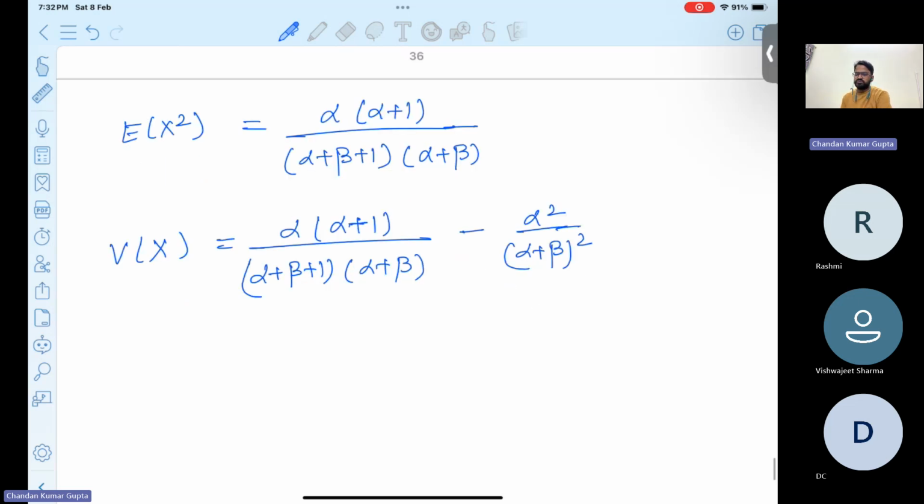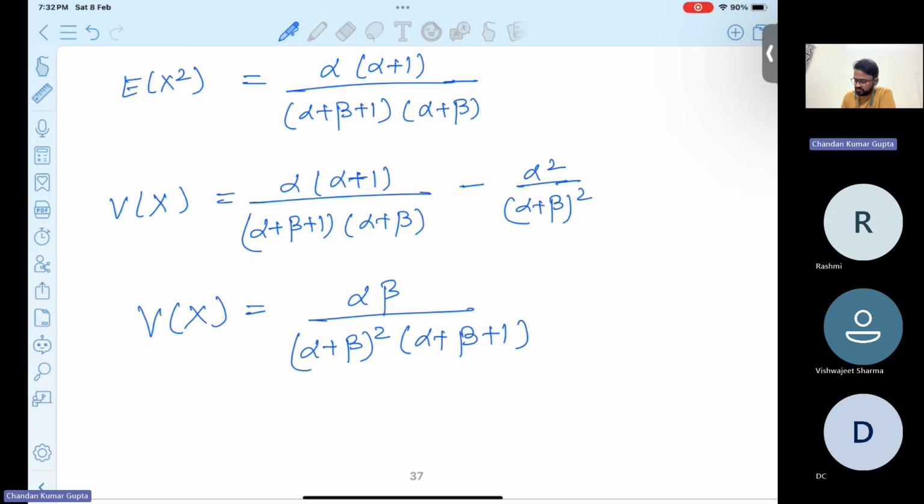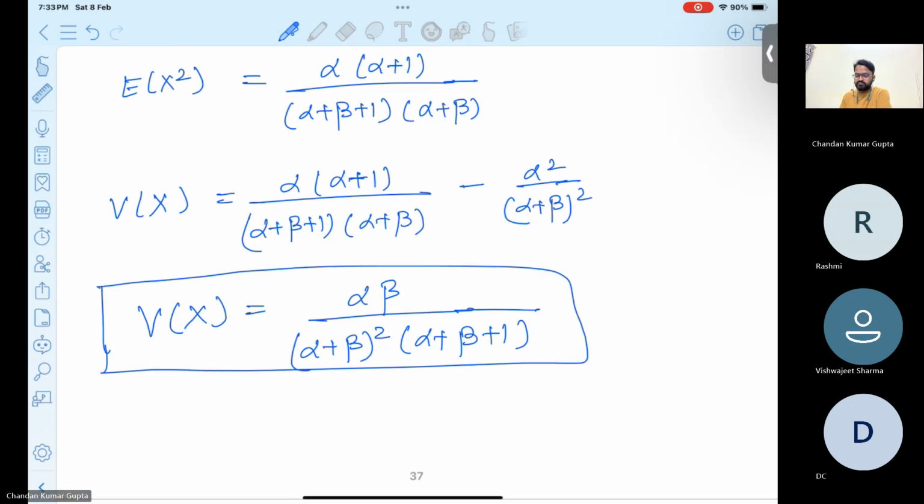So this can also be simplified. The final expression for the variance of x will be alpha beta divided by alpha plus beta square and alpha plus beta plus 1. Okay, so this is the variance for the random variable x.